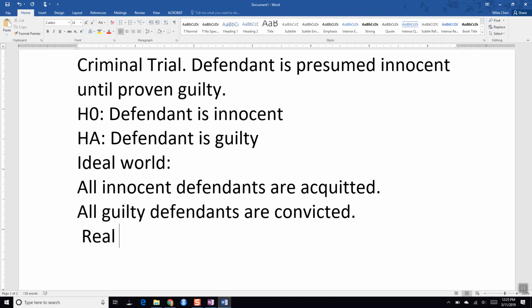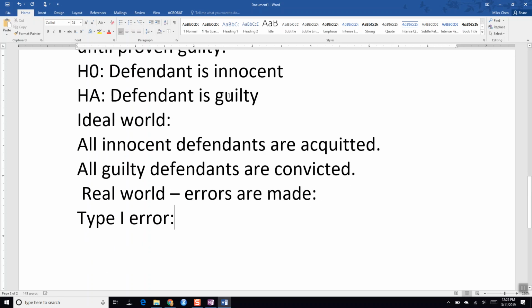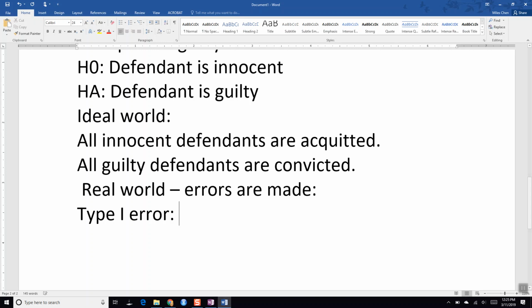But real world, errors are made. Okay, what's a type 1 error? False positive, which would be, so innocent person is convicted, right?